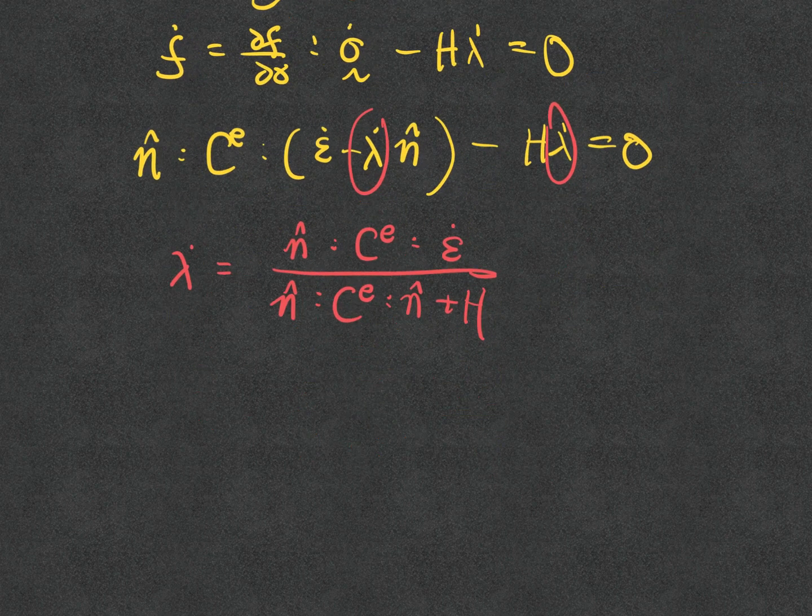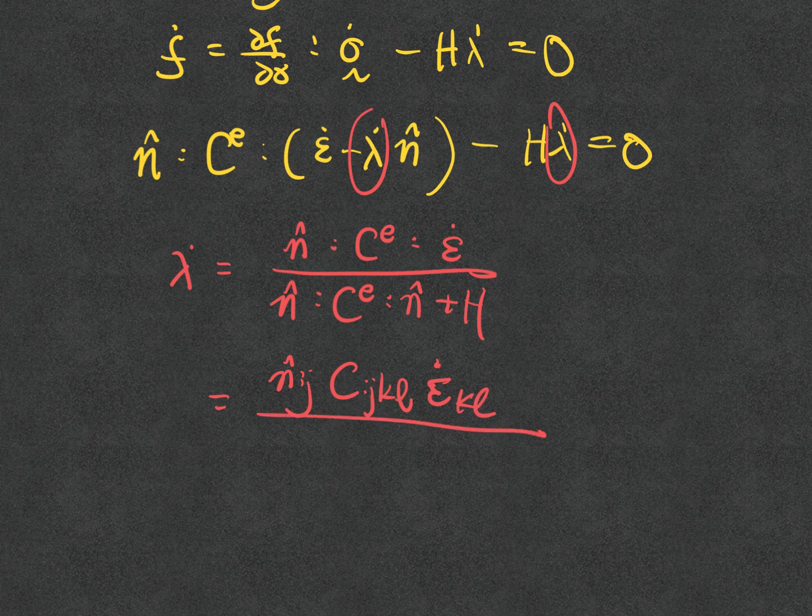Or I can write it in the tensor form, in this case n ij C_ijkl epsilon dot kl divided by n ij CE ijkl n kl plus h. Okay, this is a scalar divided by a scalar.